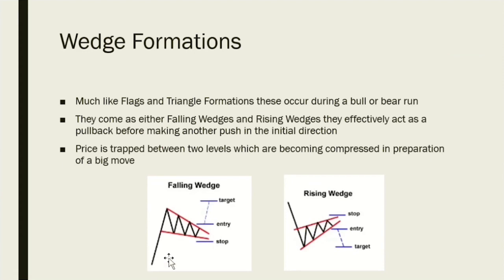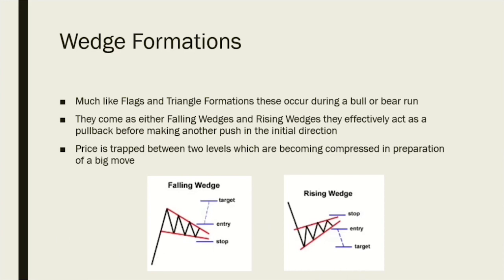So here, falling wedge is bullish, so you have your price coming up, trapped in the wedge, up, down, up, down, up, down, and then pushes up from there. And with the rising wedge, price is bearish, trapped between the wedge, and then you push down from there. And that's how you trade it.